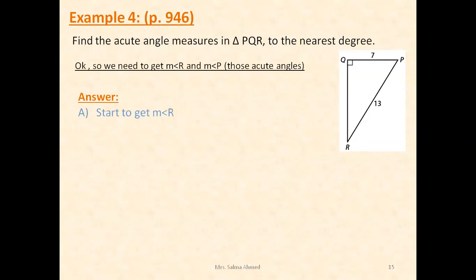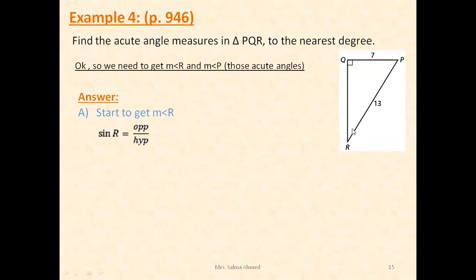Start with the measure of angle R. If you need to find P first, that's fine with me. You can start with any one. So I'm going to get R by sine R. I'm going to use this trigonometric ratio. Why?